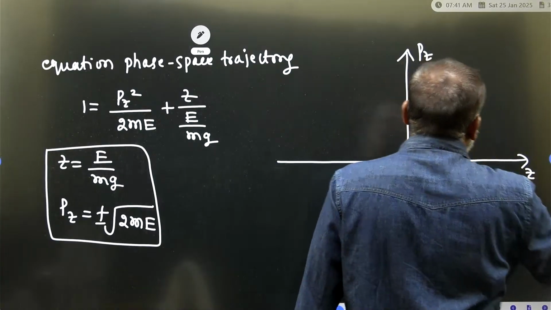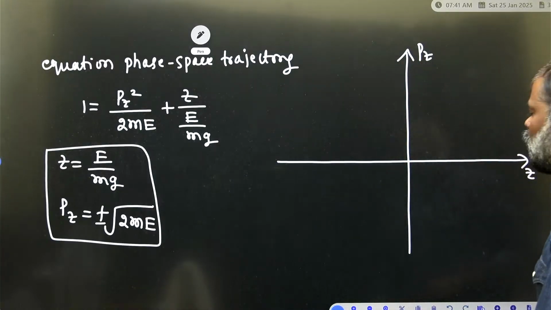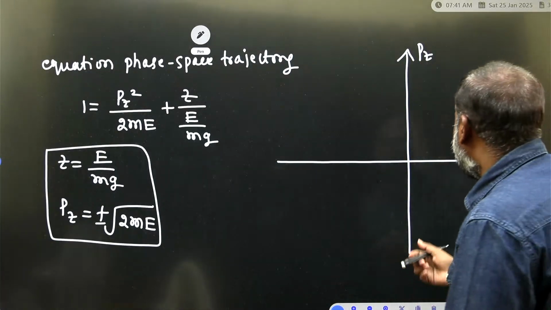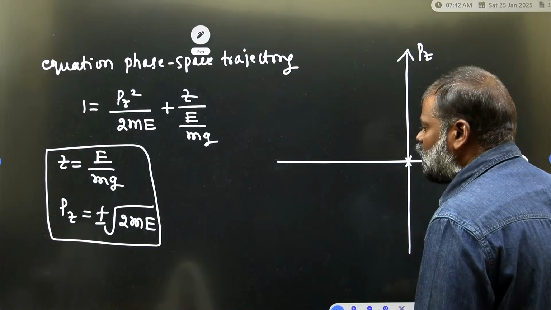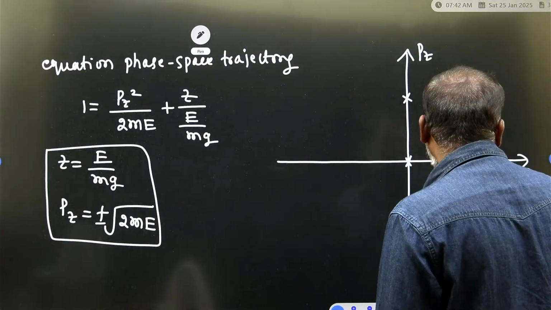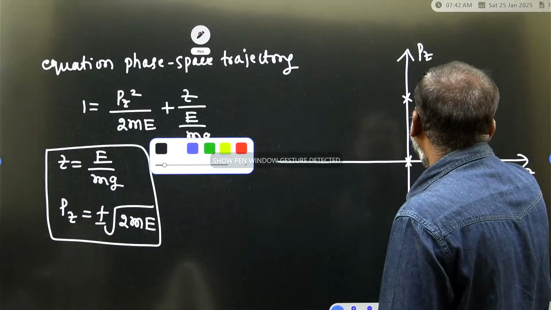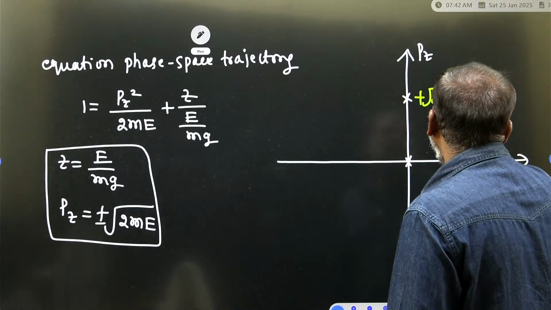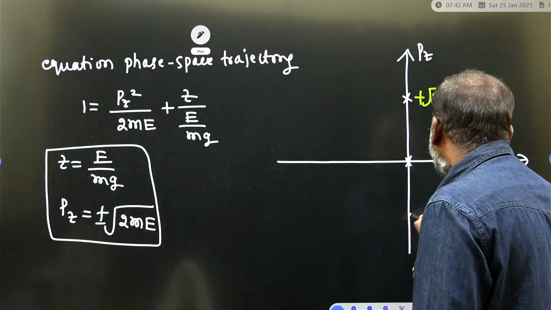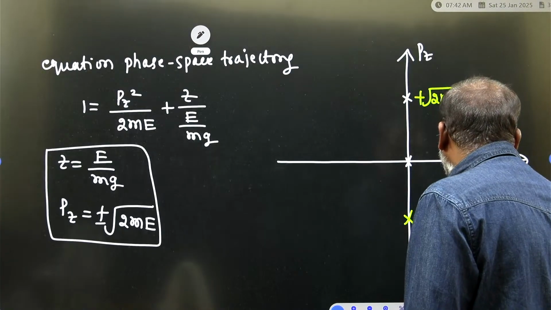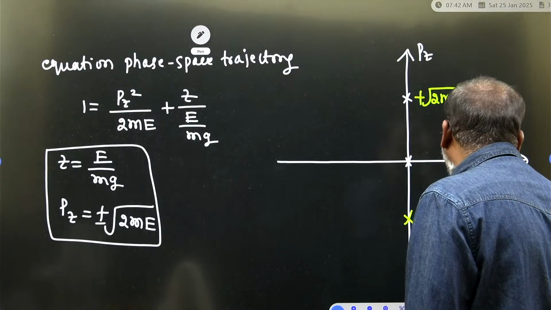First you put the pz points when z is equal to 0: plus square root of 2me, and minus square root of 2me.